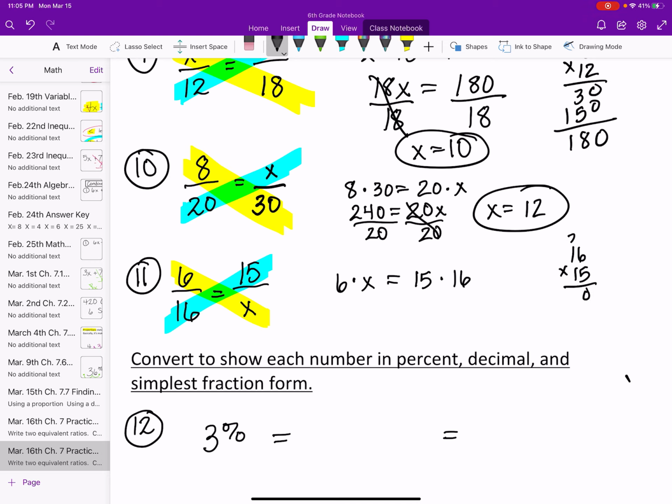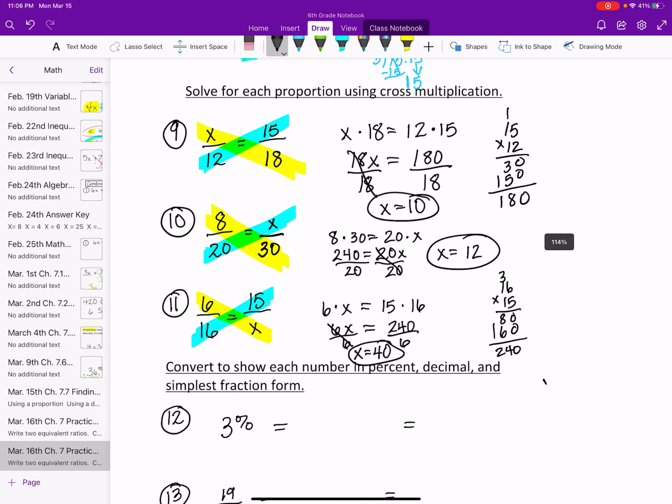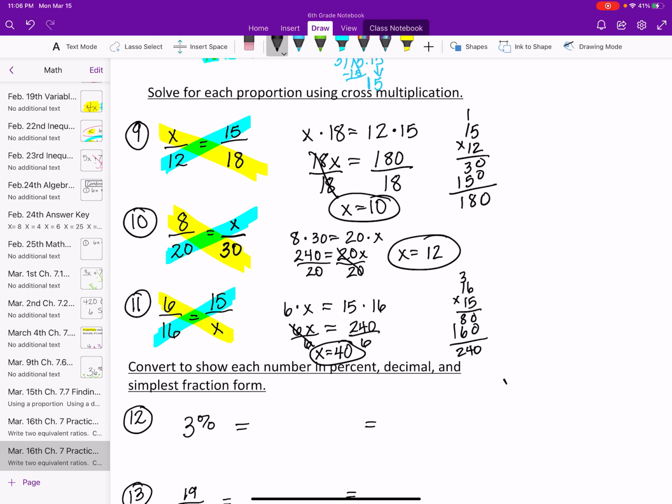You get 240. So 6 times x, or 6x, has to equal 240. The opposite of 6 times x is divided by 6. Dividing by 6 on each side, and I get x is equal to 40. And that's my answers. Okay, so you're solving for x in those. Set up a proportion, cross multiply.